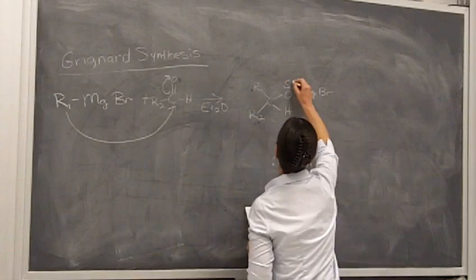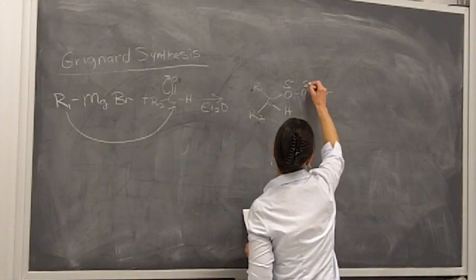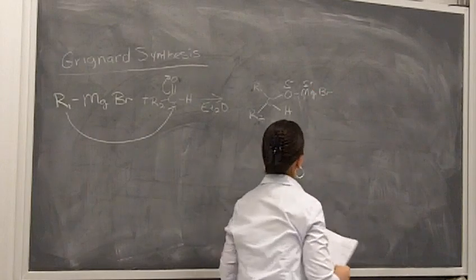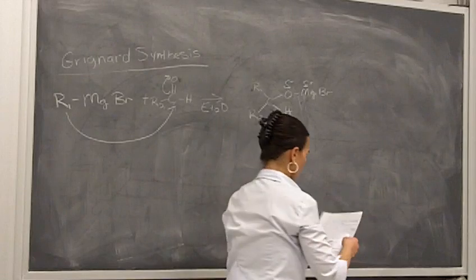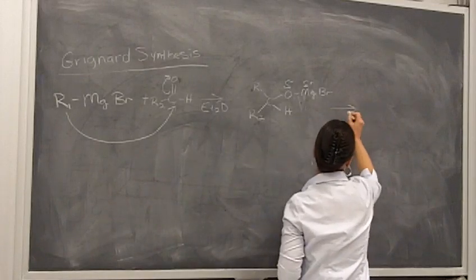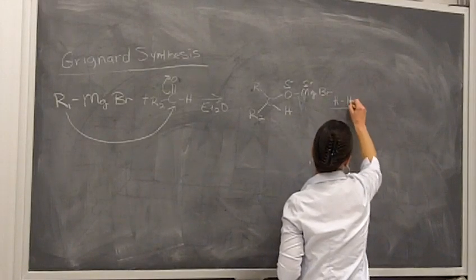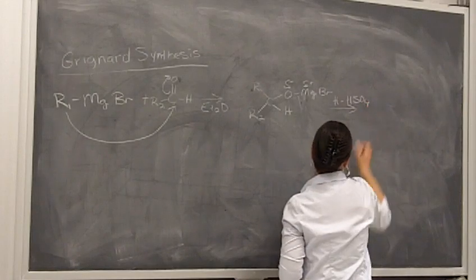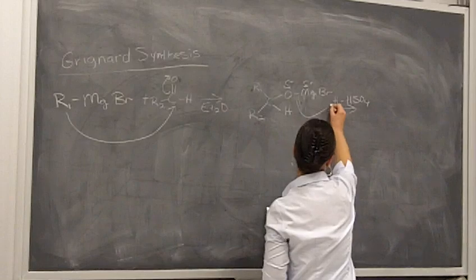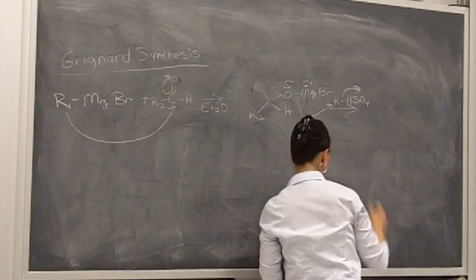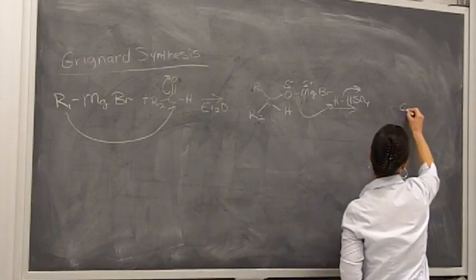And so now it has the partial negative charge to be joined with the magnesium, which has the partial positive charge. We're going to react that with sulfuric acid, all right? And so when we do that, we're going to form an alcohol.